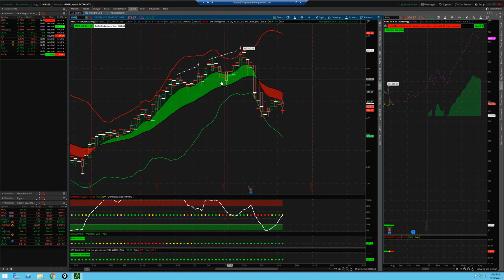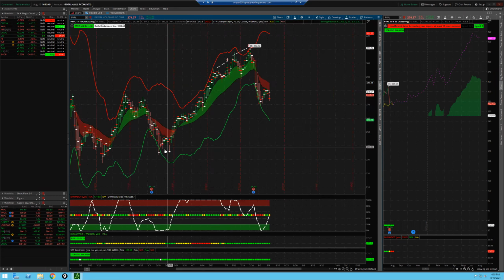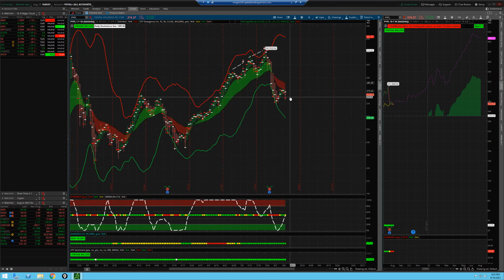Here's a great example. It held, and then when it finally closed through, now we're back into a short-term downtrend, because big picture on PayPal, what do you think? Probably an uptrend. So when we get another opportunity to go long on PayPal, let's say in 3 days you get a green cloud, you can put your stop below this risk here.